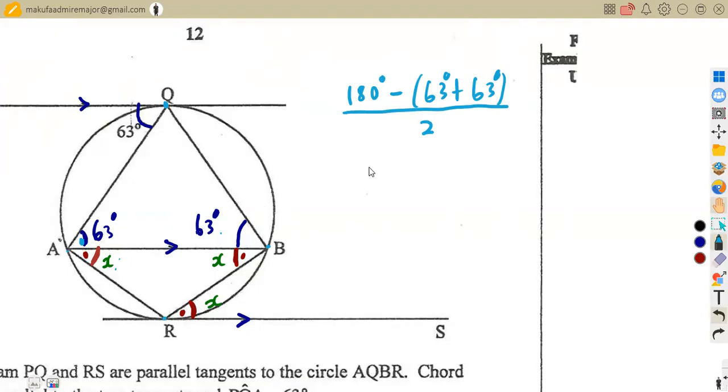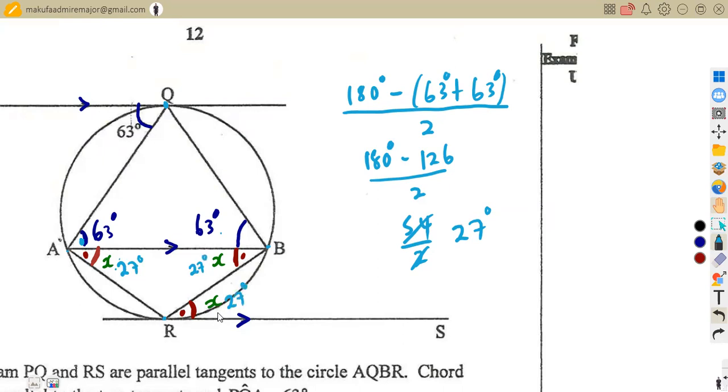We are going to have 180 minus 126 over 2. From 180, we obtain 54 degrees, then divide by 2. This is going to be 27 degrees. So this angle here is 27 degrees, this angle here is 27 degrees, because all these angles are the same.